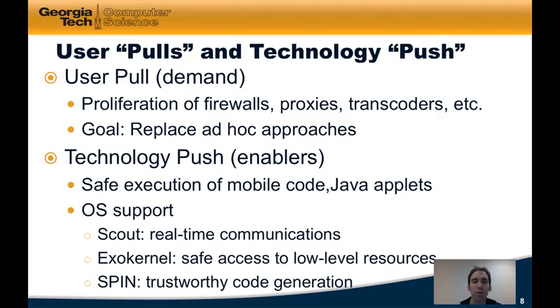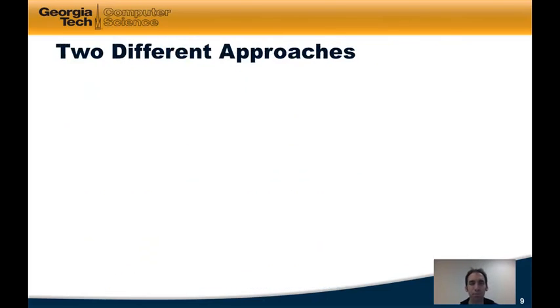Also, various operating system support was being developed. The Scout operating system focused on support for real-time communications. The exokernel developed new technologies to allow safe access to low-level resources, and Spin focused on providing trustworthy code or providing technologies that could enable generation of trustworthy code.